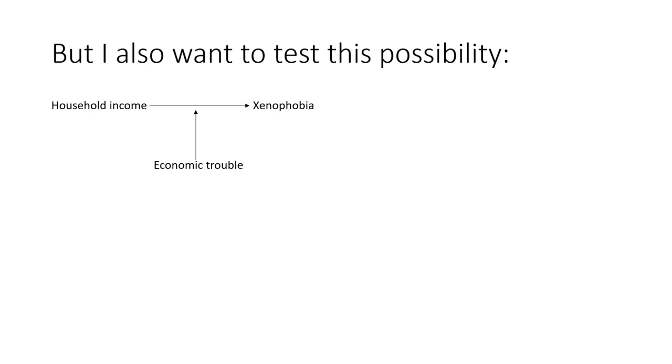So we might expect that when economic trouble and low household income come together in the same household, then there would be a good deal of xenophobia. Anyway, it's just something to test here. So I expect an interaction effect between household income and economic trouble.